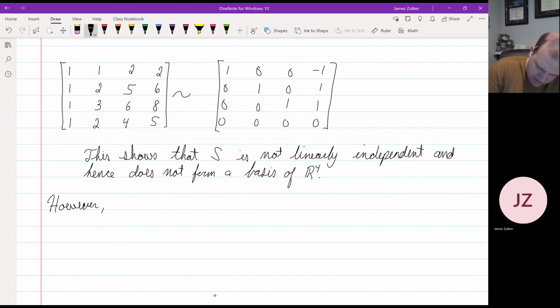However, let's call this S prime. Let's go on a new line.